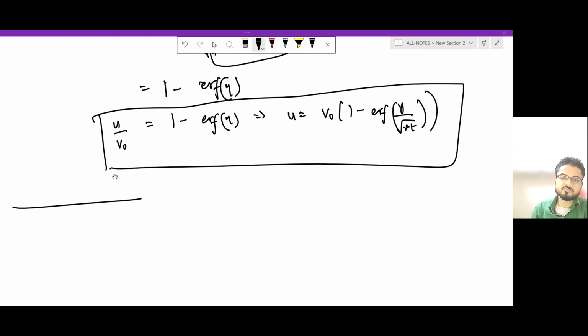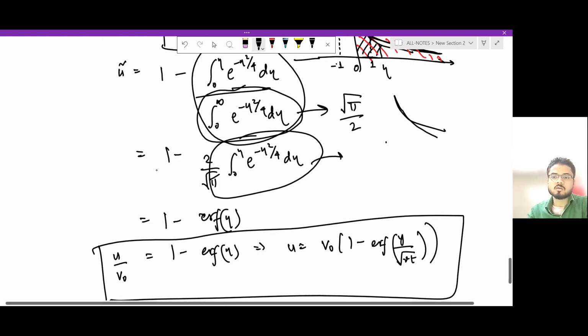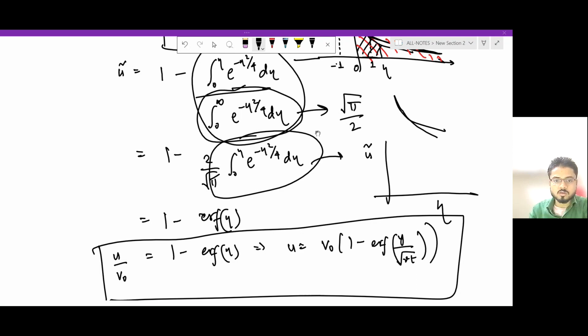Now, I would leave the physical analysis and understanding of the intuition behind the problem to you. But obviously, we could just sketch a quick plot right here with u over V naught and eta. So it is evident that it would be going something like this.